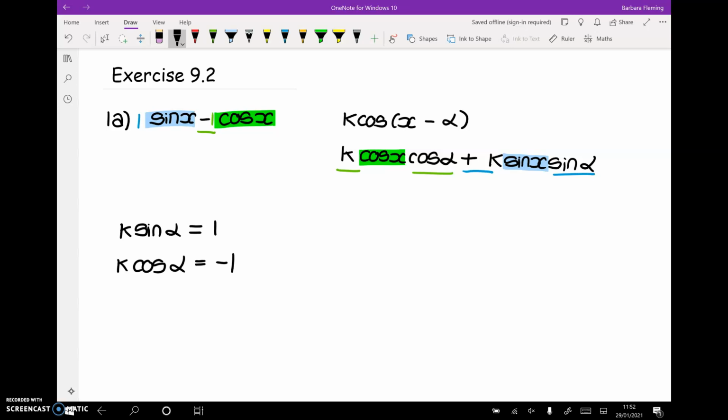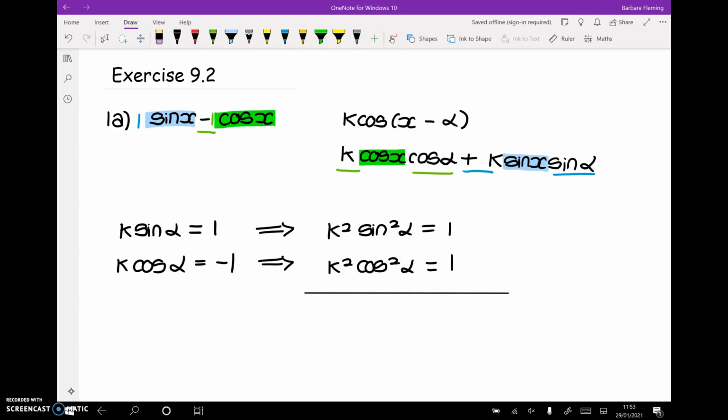Once you've done that bit, you're back to where you were before, and we just solve these simultaneous equations. We're going to square everything: k squared sin squared alpha equals 1 squared, which is 1, and k squared cos squared alpha equals minus 1 squared, positive 1. We add these two: k squared sin squared alpha plus k squared cos squared alpha equals 1 plus 1, which is 2.